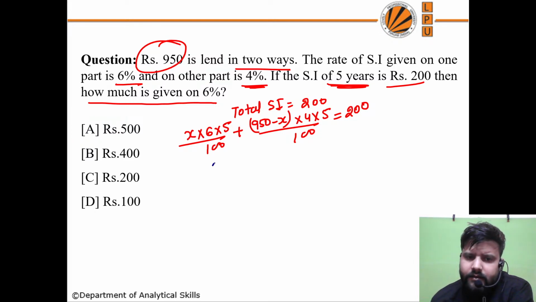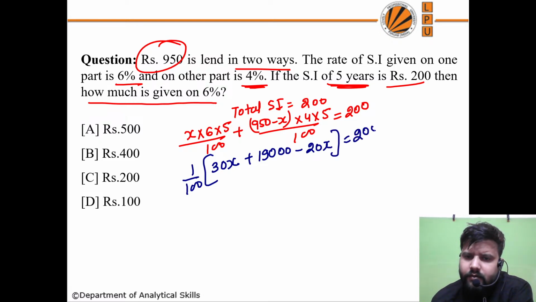Alright, so it is 30x by 100, then it would be 950 into 20. Okay, let me check. It is 19,000 minus 20x is equal to 200.